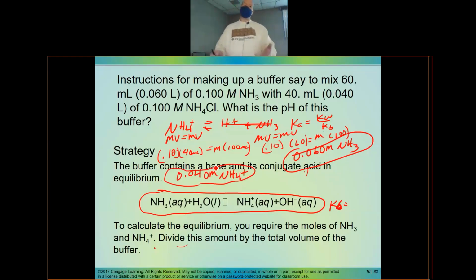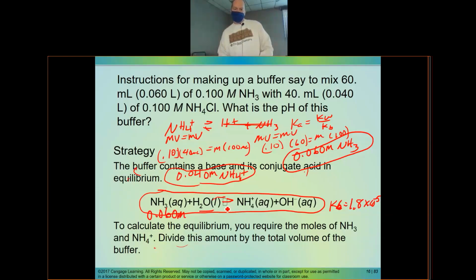All right, and again, you can use the Ka, you can use the Kb. It doesn't make any difference. The Kb is 1.8 times 10 to the minus 5. So let's use the Kb reaction here, and we have 0.06. Water is a liquid. We don't care about water.